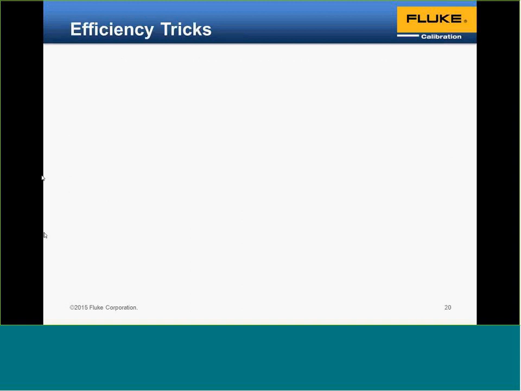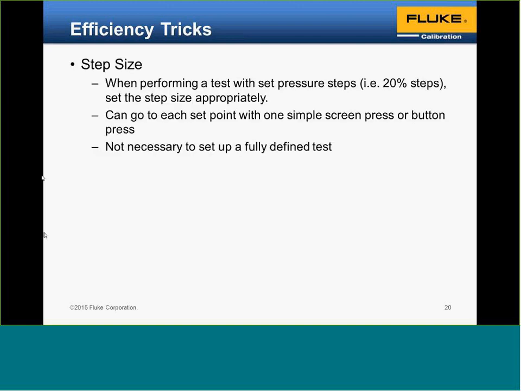There's a feature you can use to improve the efficiency of your usage: step size. Testing with set pressure steps is a pretty common thing to do. Say that you want to do 20% steps up and down, or 10% steps, or 25% steps. The pressure controller from Fluke will have a step size setting. Set the step size equal to the pressure step that you want to do.